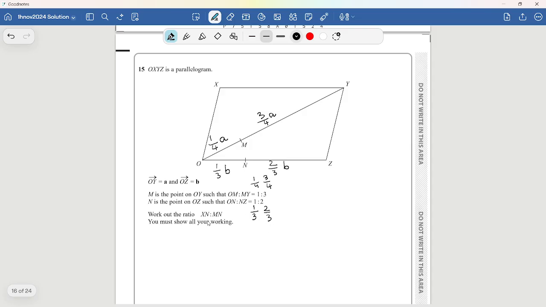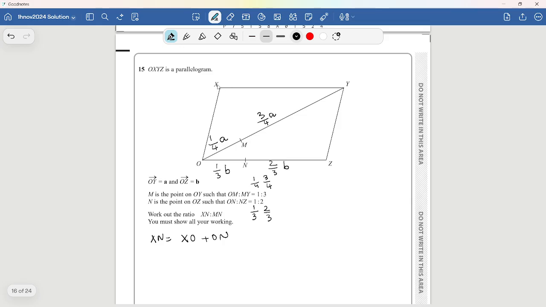Now we have to find this ratio, XN to MN. First, we will find out if there is a way we can go from X to N. We can go from X to O, O to N. Well, we don't have direct measurements to go from X to O, so we have to take the other route.